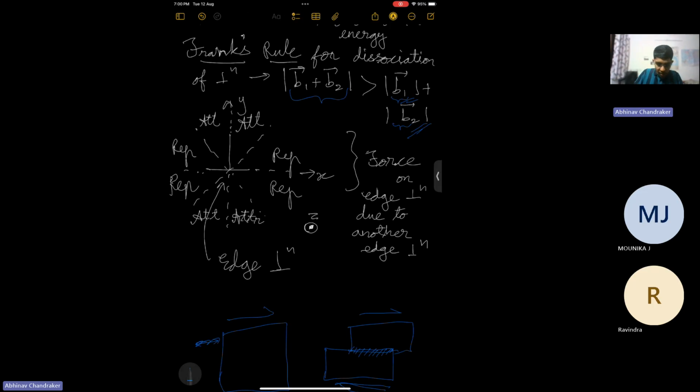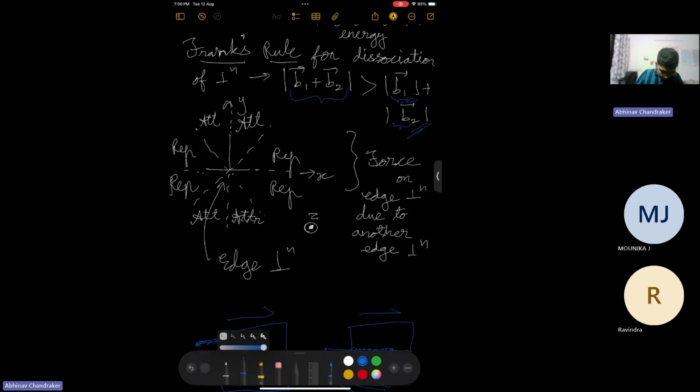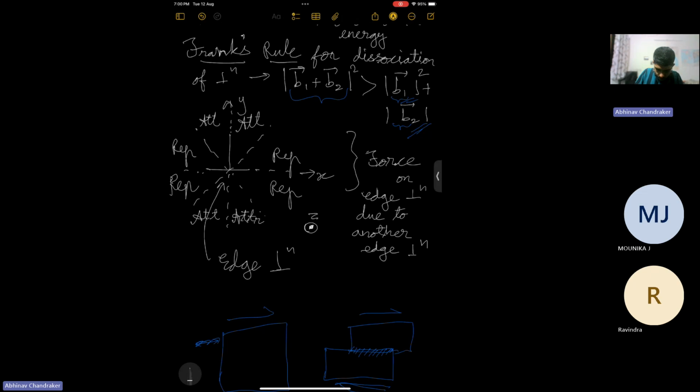I think this should be the square here, since energy is equal to the square of the Burgers vector, not the magnitude of the Burgers vector. Let me just check it once.